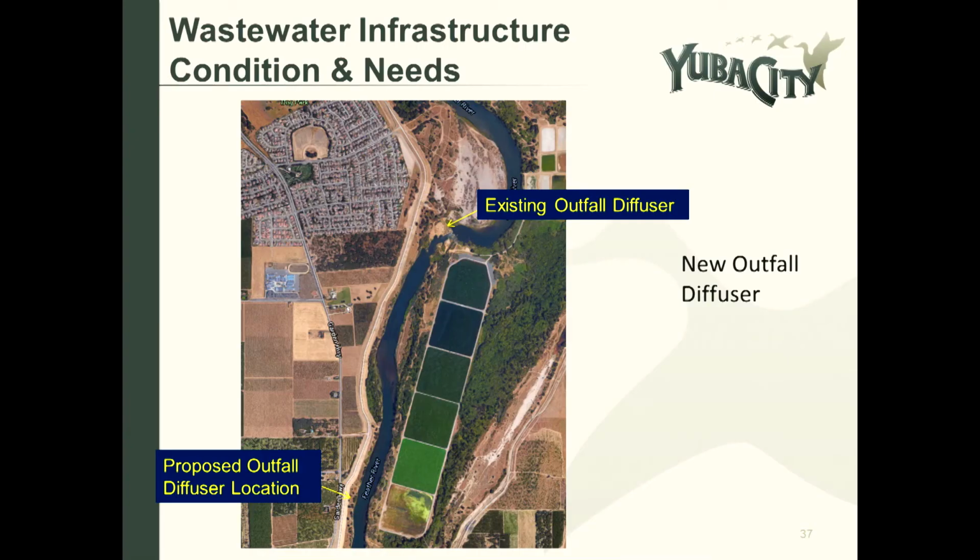At this point, with the Oroville Dam incident, we need to evaluate how much sedimentation has taken place and see if this is still a stable portion of the river, to see if this is still the preferred location. If it is, what will take place is we will connect to our existing outfall line, come along the land side of the levee, and then cut across down here with that new diffuser.